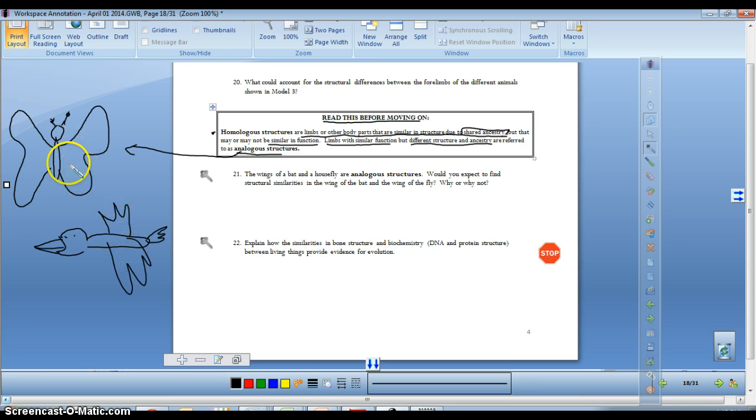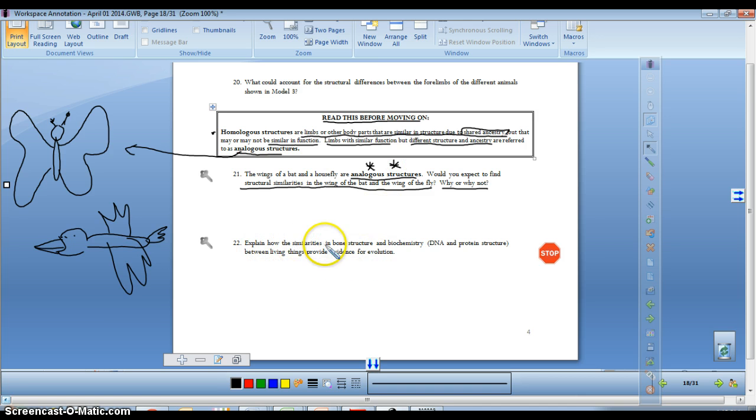Butterfly wing and bird wing, both used for flying, but have different structures and have different ancestry. Okay? The wings of a bat and a horsefly are analogous structures. Would you expect to find structural similarities in the wings of a bat and the wing of a fly? Why or why not? They are analogous structures.